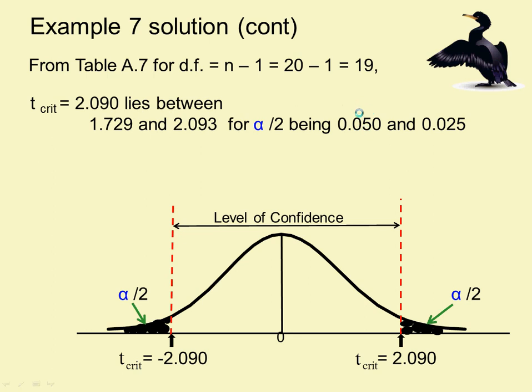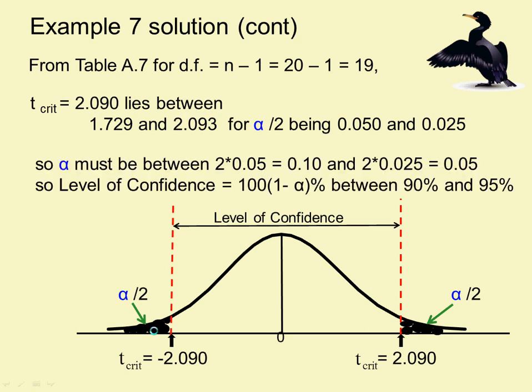Recall that the upper tail area will be alpha on 2 for this question because we're talking about a confidence interval. So we should be able to double these values of alpha at the top of the table and get 10% and 5%. Now that we know the values of alpha are 10 and 5, the level of confidence is just 100% minus these tail areas.